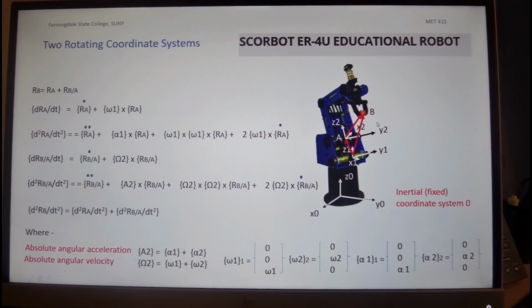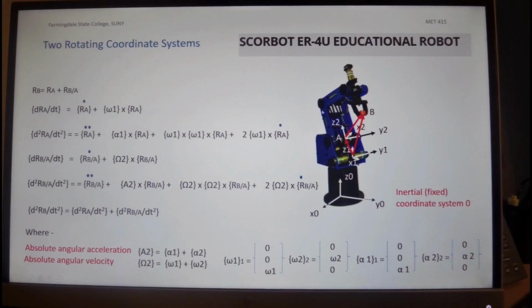Now, if you look at the position of a point inside the gripper, the absolute position is defined as RB, and it is equal to RA plus RB with respect to A. This is this vector here. So this is an absolute vector, this is an absolute vector, and this is a relative vector.